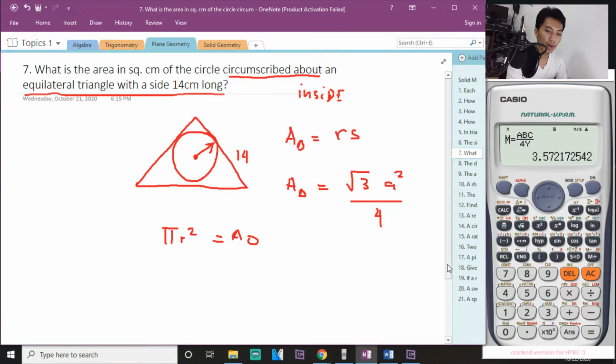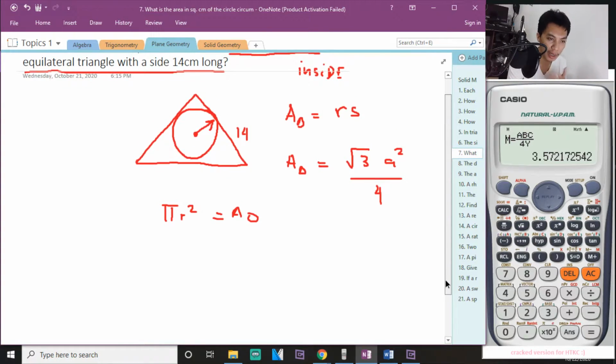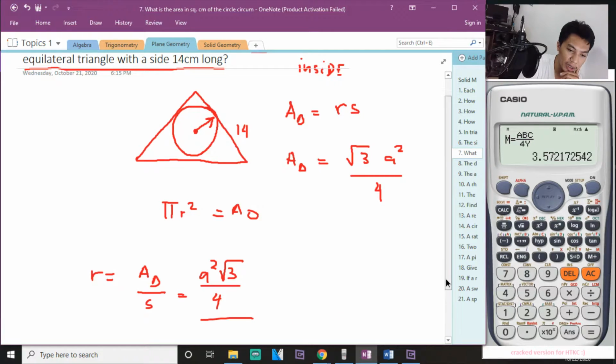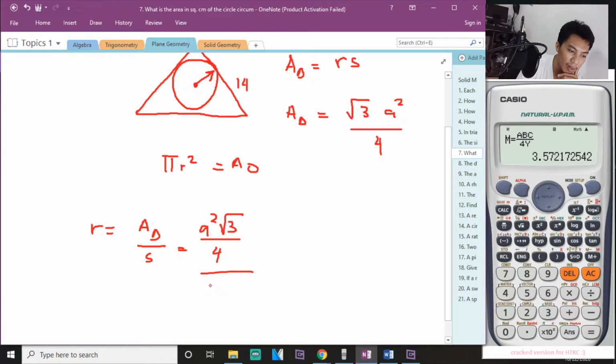Okay. So, long method muna tayo. Hanapin natin si R. R will be equal to area ng triangle over S. The area of the triangle is square root of 3 a squared over 4 over S, which is the semi-perimeter ng triangle. So, that is A plus B plus C over 2.